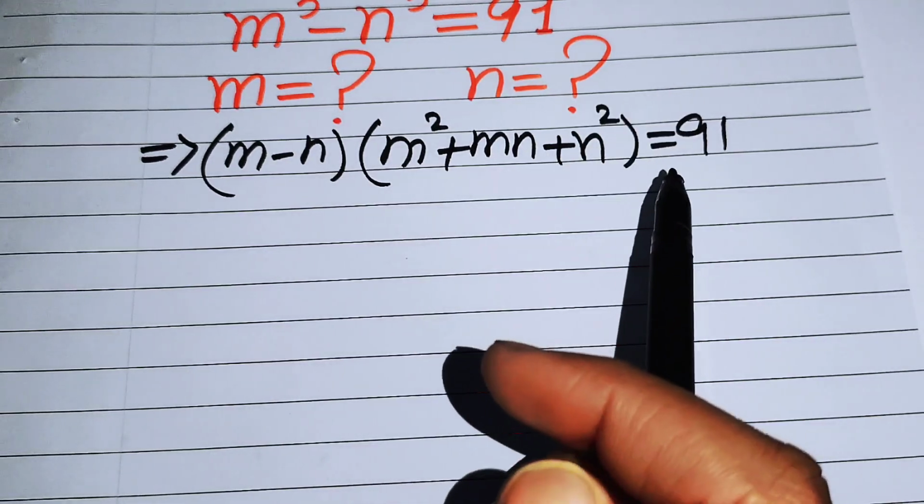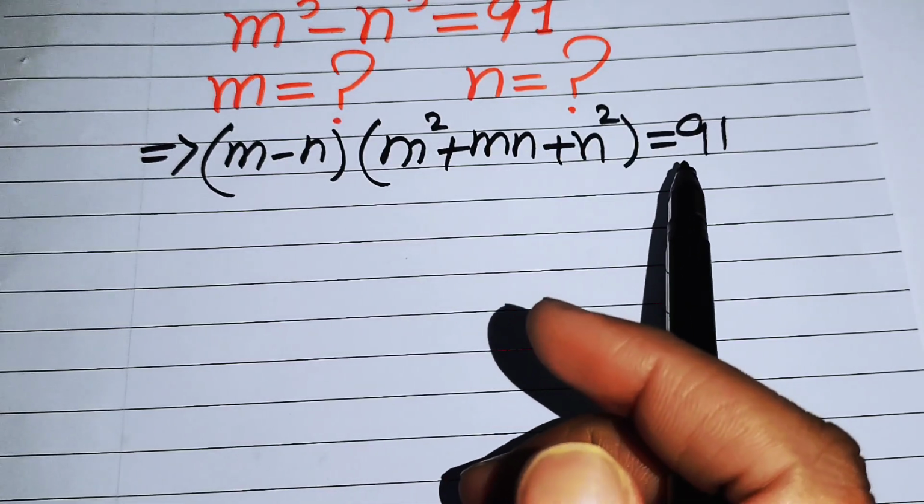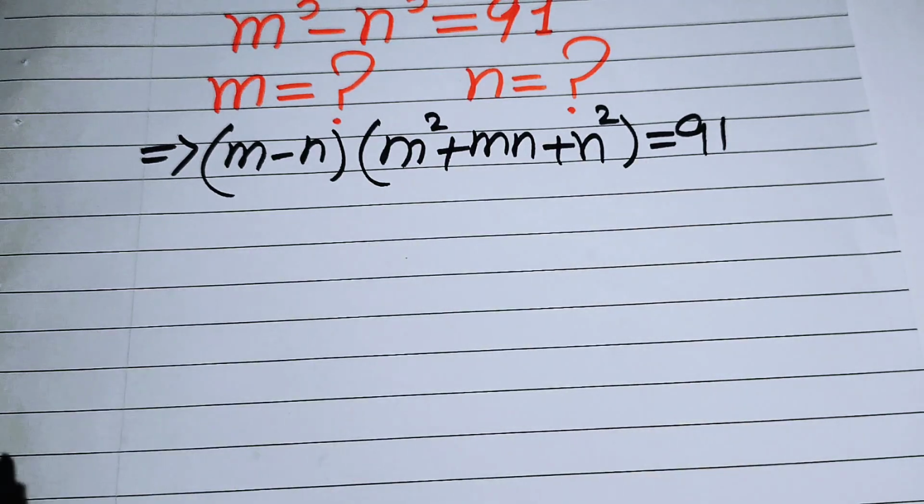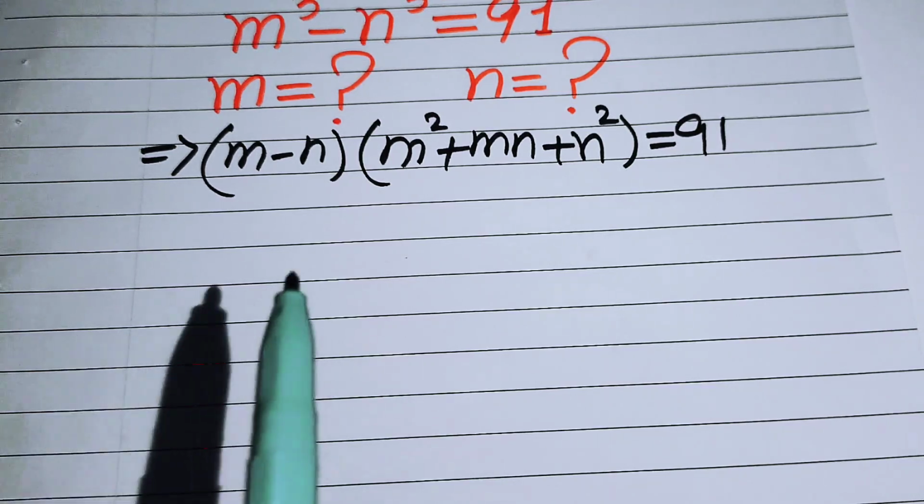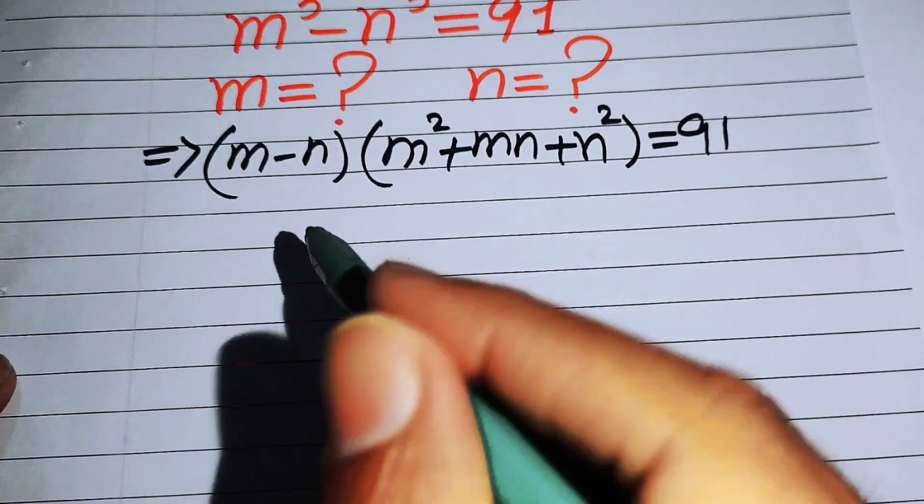So now we can find the two factors on the right hand side, and then we compare both sides. First I can find the possibilities in which the product of two factors equals 91.